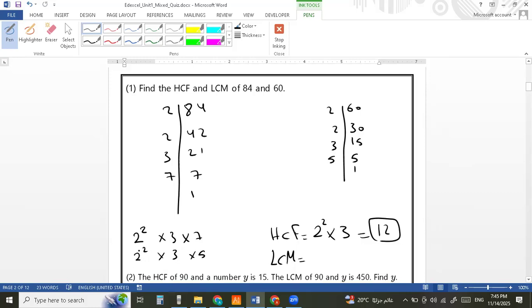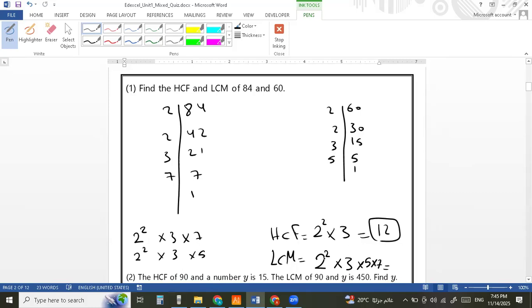So which one has the highest index among the two? I have here 2 to the power of 2 and 2 to the power of 2. Both of them have the same index. So it is 2 to the power of 2, the same. Multiply by 3 and 3, so it's just multiply by 3. But what is not common? Also take them. Times 5 times 7.